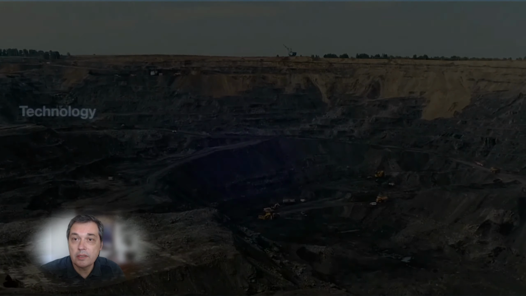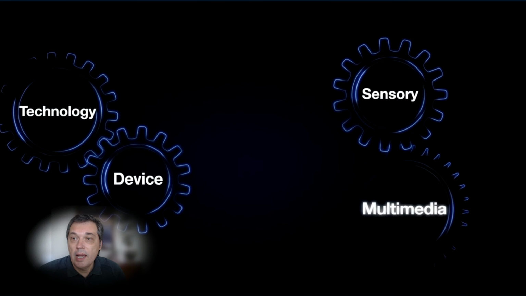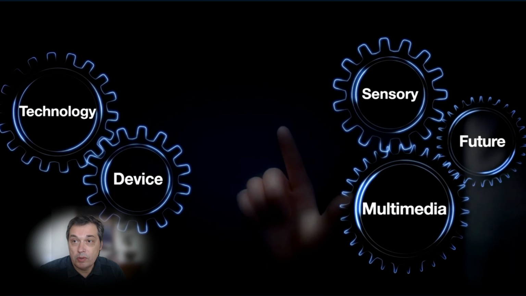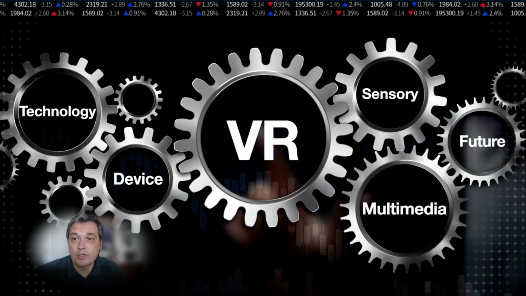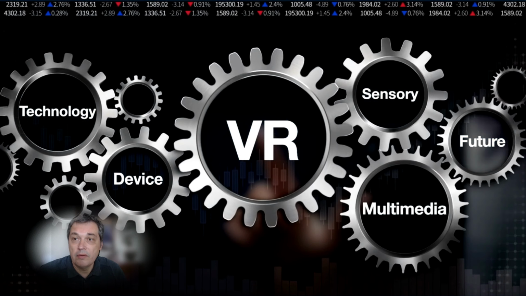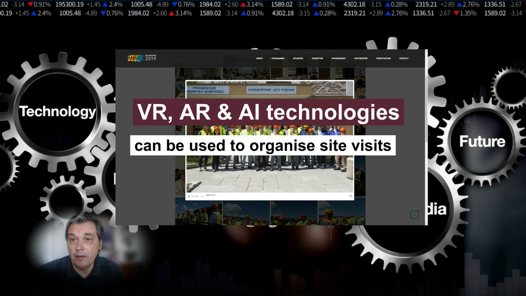Well, the good news is, thanks to VR and artificial intelligence technologies, companies can now host an unlimited number of visits, presentations, and training sessions using virtual twins created in a 3D immersive environment.